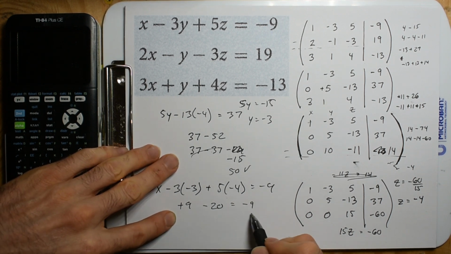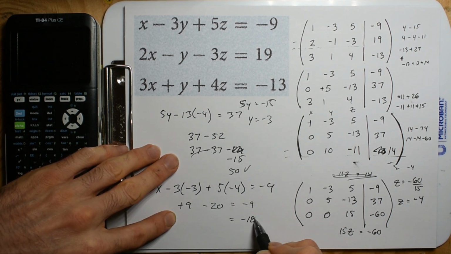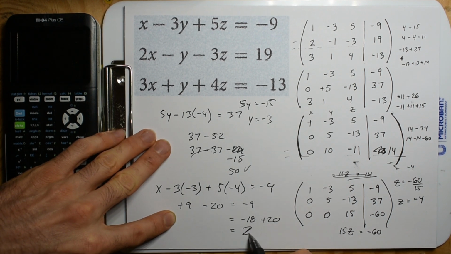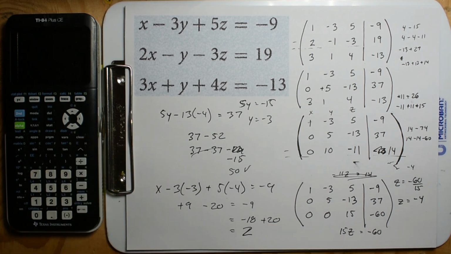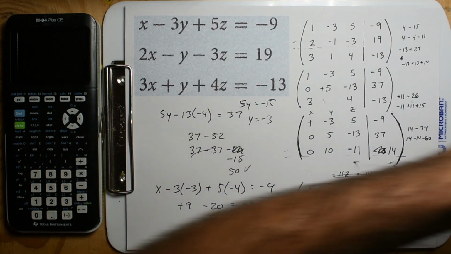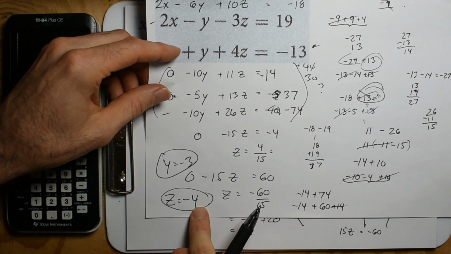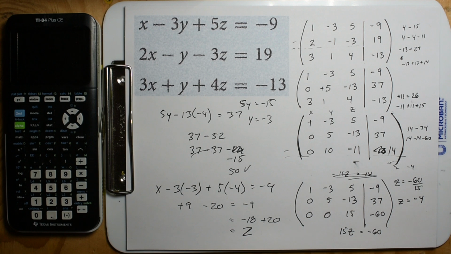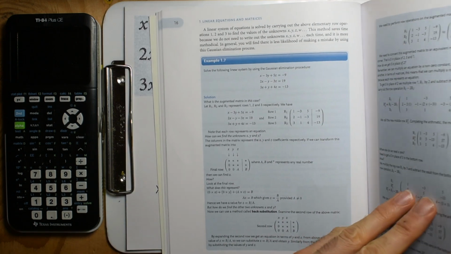This is negative 18 and then bring this over, plus 20. x is equal to 2. Is that what we've gotten all along? I kind of forget. We got y, z, and then x was positive 2.